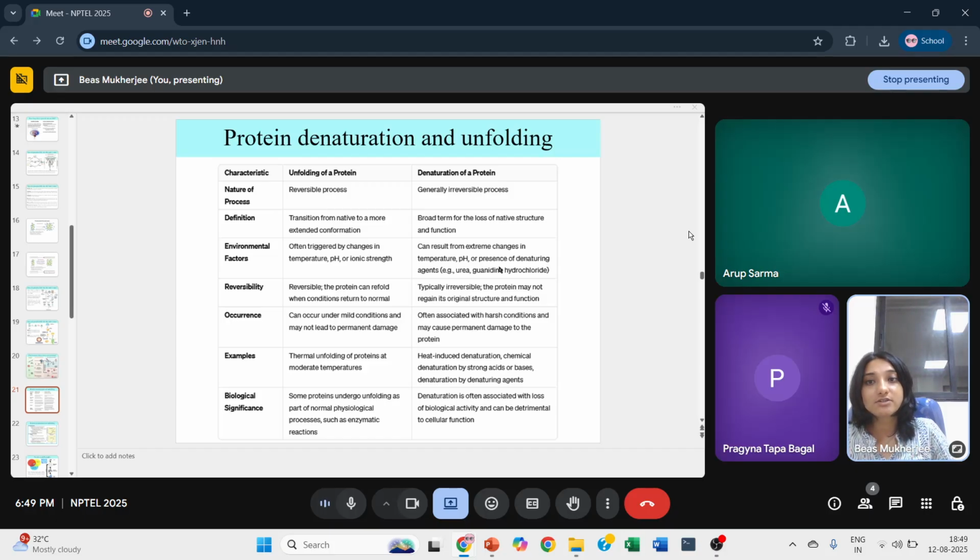So what happens is a transition from native to a more extended conformation, whereas denaturation is a broad term for the loss of the native structure and function, often triggered by changes in temperature, pH and ionic strength. But this denaturation can result from changes in temperature, pH, or the presence of denaturing agents such as guanidine hydrochloride.